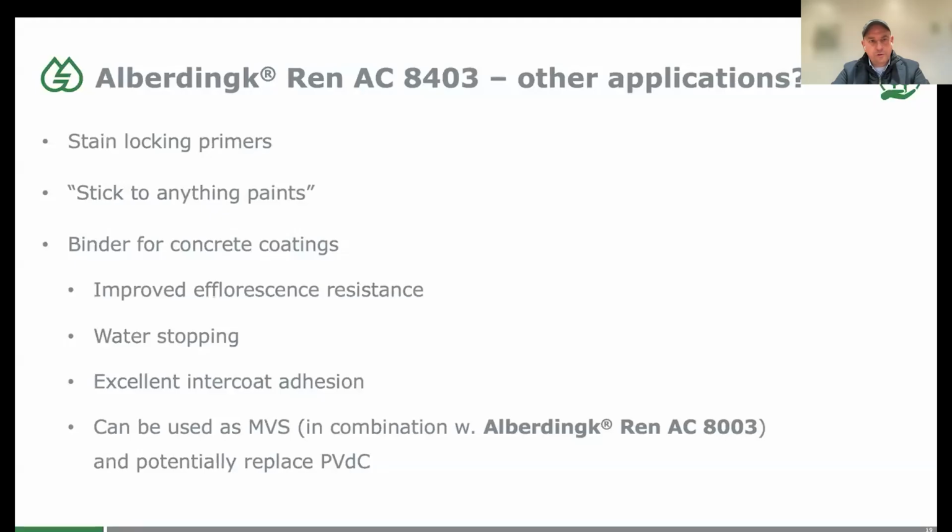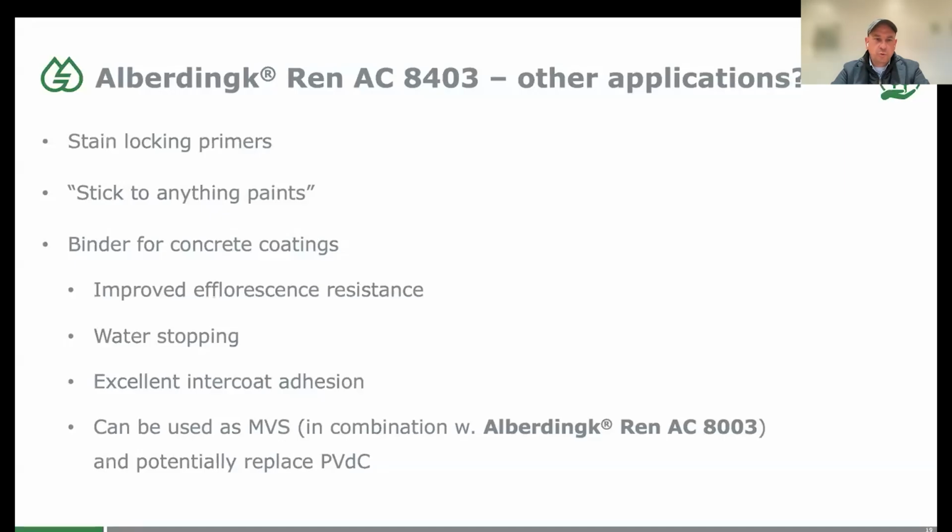And then a more recent development that we found is it's also very, very good for concrete coatings. You can, for instance, have molded concrete parts, coat them with a clear lacquer of AC 8403, and you have improved efflorescence resistance. It stops water from getting into the stone. It will give you fantastic intercoat adhesion if it's coated with other materials as a top coat afterwards.